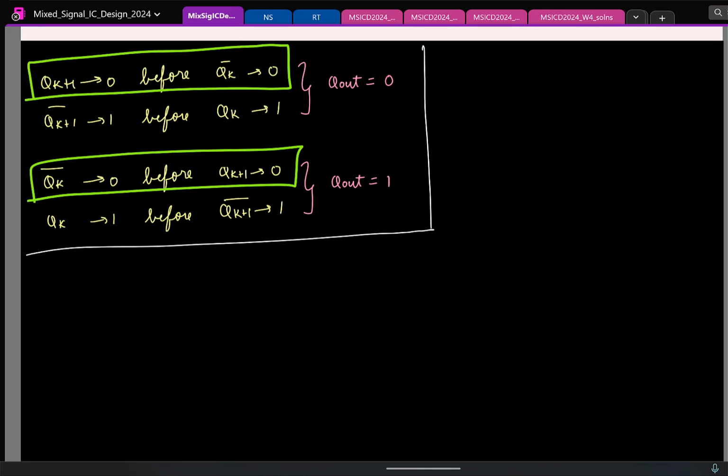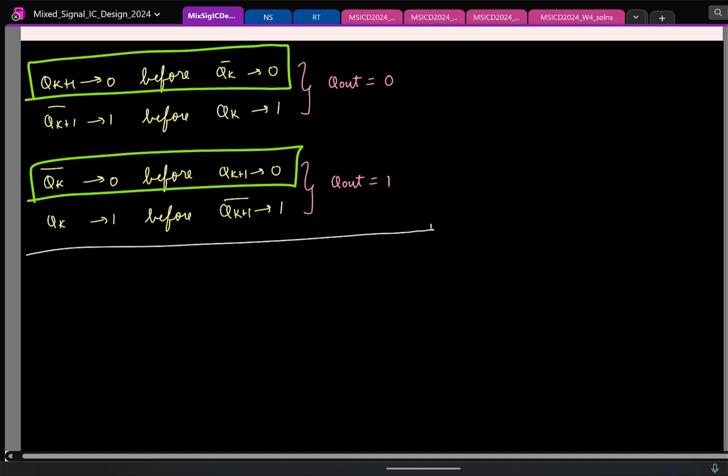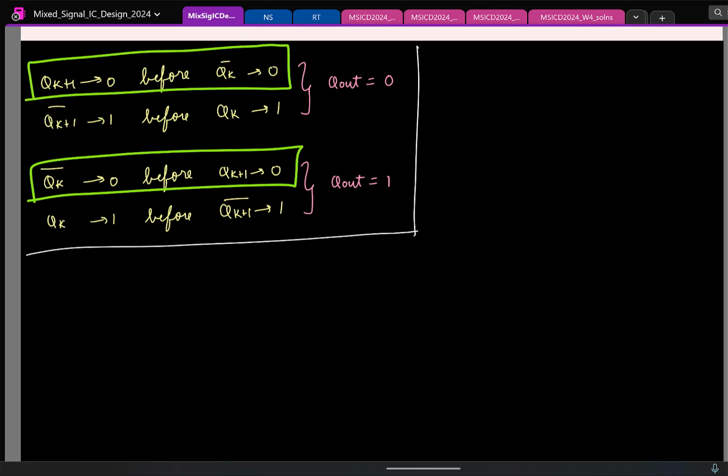Okay. So now you see, the problem reduces to a simple digital electronics problem. You are going to see which of the two signals is going to logic 0 first, right? So that is the solution in English.